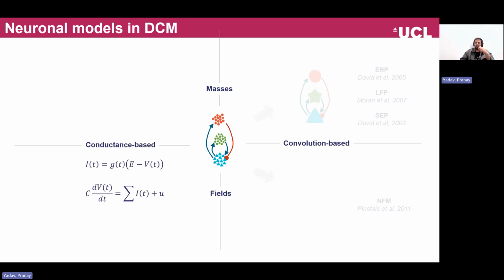Right. So more concretely, current I is a function of G, which is conductance, and membrane potential. So this is multiplicative, and this introduces a lot more complex nonlinearities. Whereas the previous models that we've seen so far were convolution based, where the current essentially had a linear form.